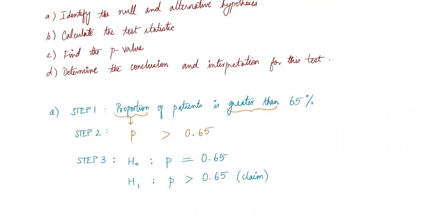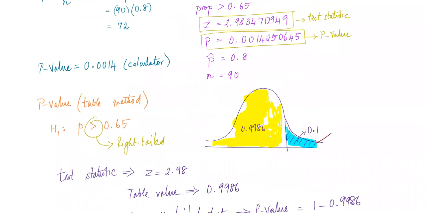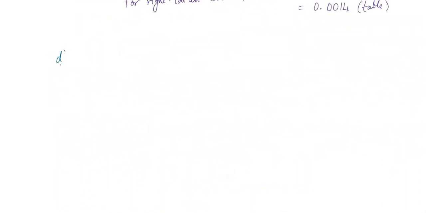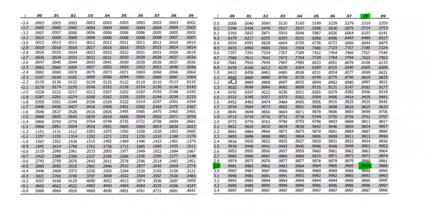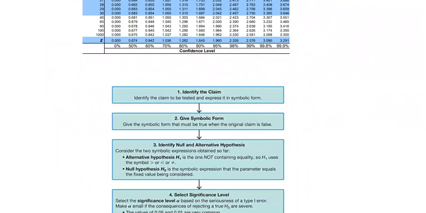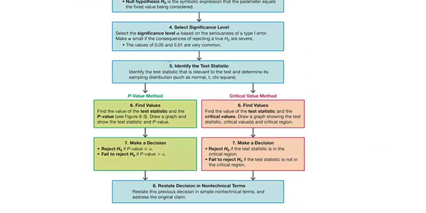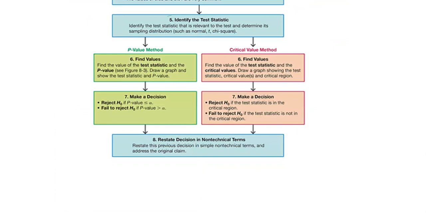Then the last one, part D, says determine the conclusion and interpretation for this test. Okay, go to D. So for this, again, let's go to the steps. So we just did step 6, right? Now we have step 7 to do, and then we would be able to make our conclusion.